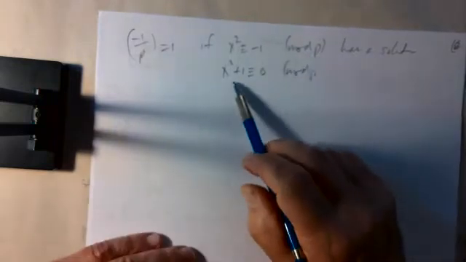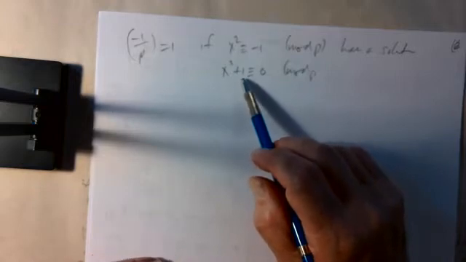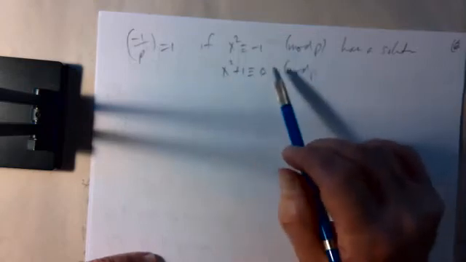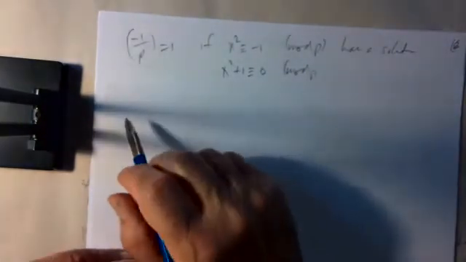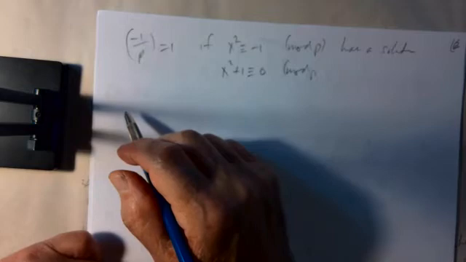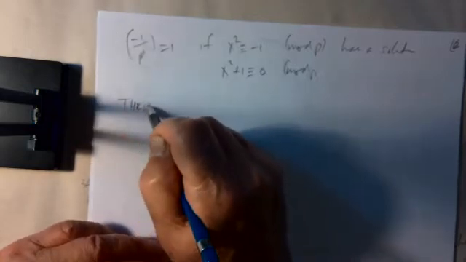You know, this equation in the integers has no solution. In the reals has no solution. In the complex numbers it does. But when you're looking at this congruence mod p, it's not so obvious what the answer is. So, but let's use our theorem. So, in fact, I'll state this as our next theorem.